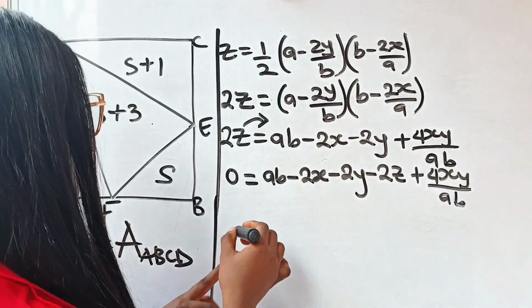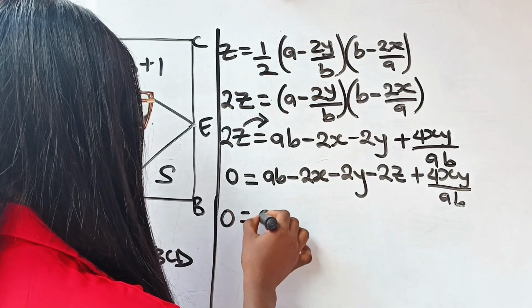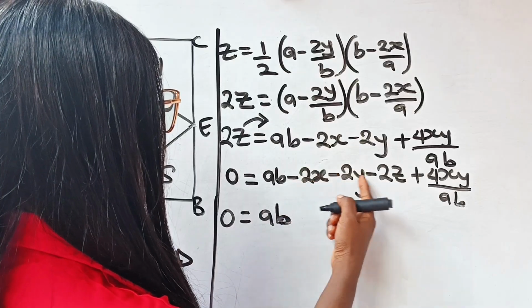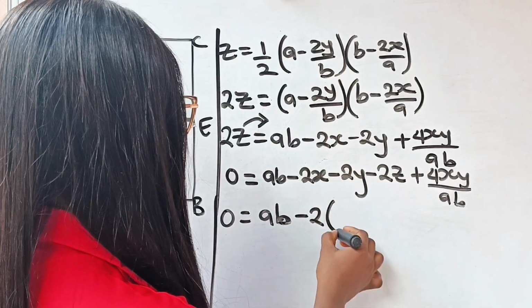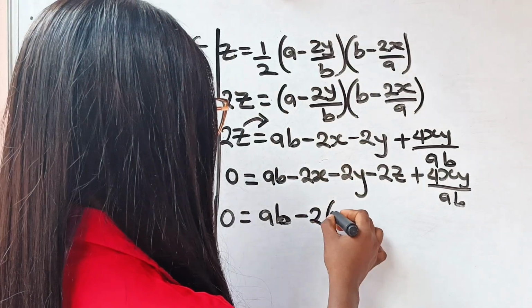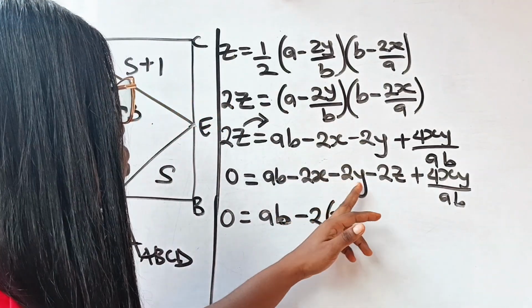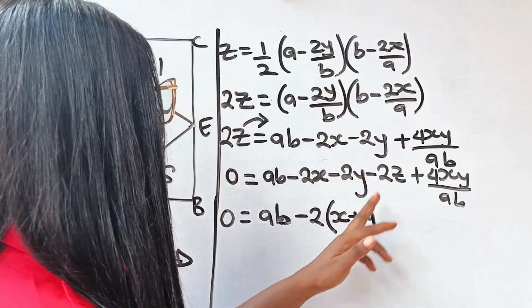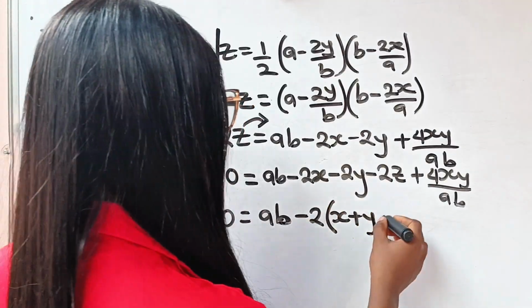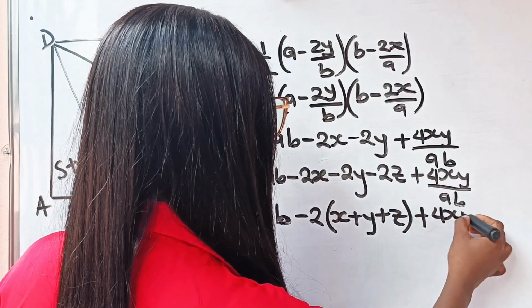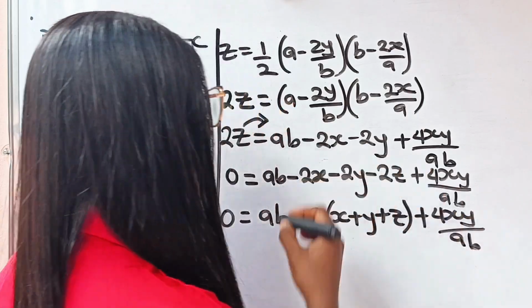Now, we have 0 is equal to ab. Then what they have in common is minus 2, right? So we bring minus 2 out. Minus 2x divided by minus 2, we have x. Minus 2y divided by minus 2, we have plus y. And minus 2z divided by minus 2, we have plus z. Then plus 4xy over ab.